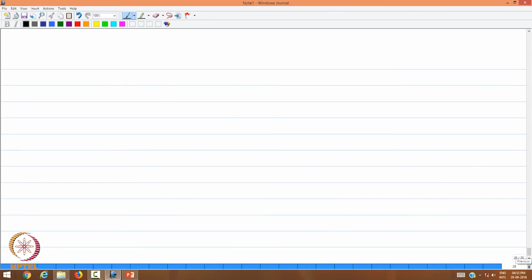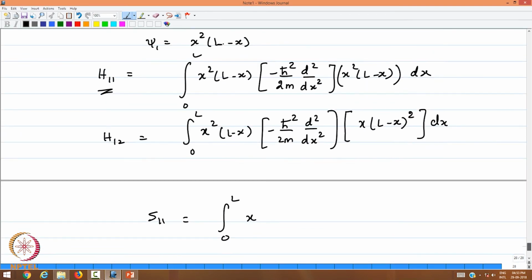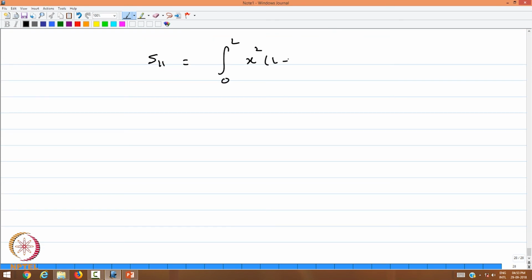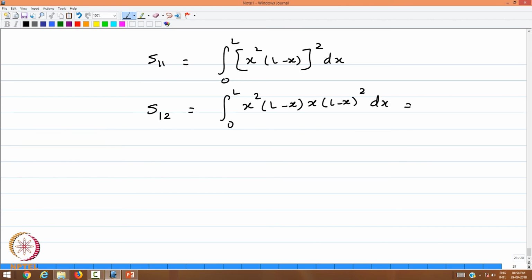Likewise, S11 is the integral 0 to L x square into L minus x whole square dx, and S12 is the integral 0 to L x square into L minus x times x into L minus x whole square dx, which is 0 to L x cube into L minus x whole cube dx.